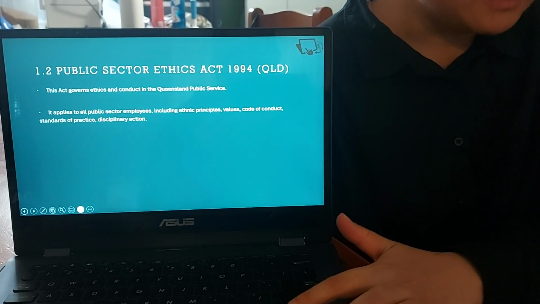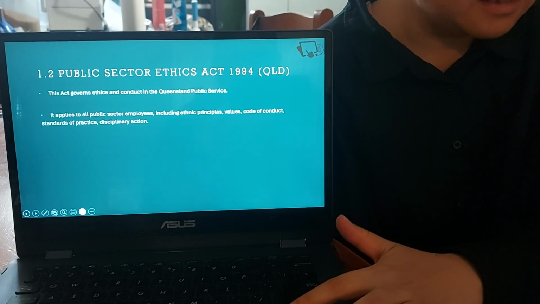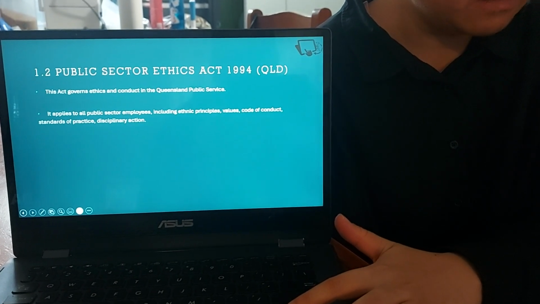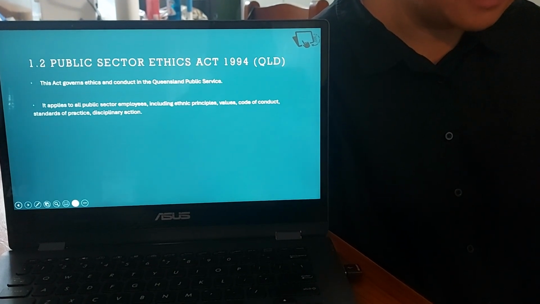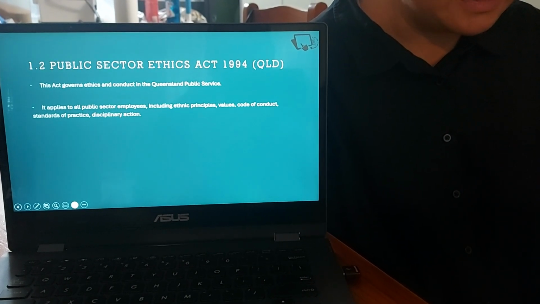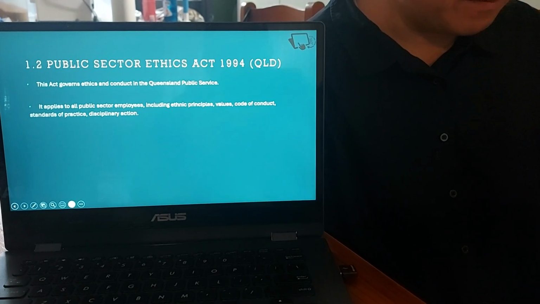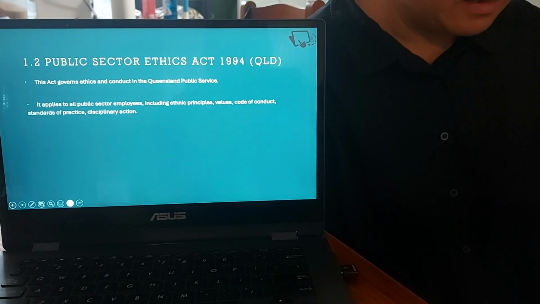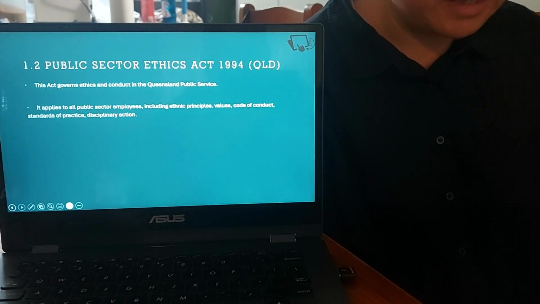The next one is the Public Sector Ethics Act 1994, Queensland. This act governs ethics and conduct in the Queensland public service. It applies to us as public sector employees.